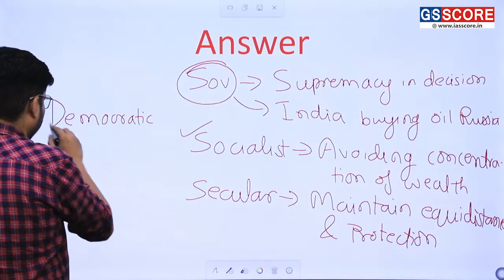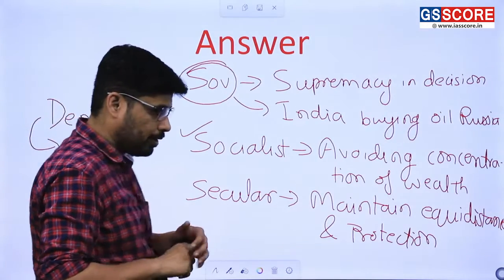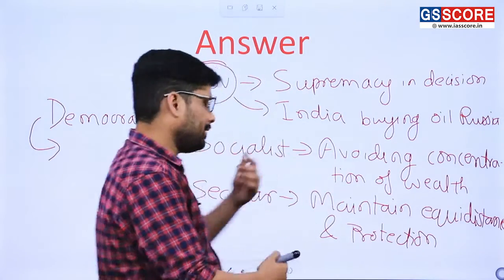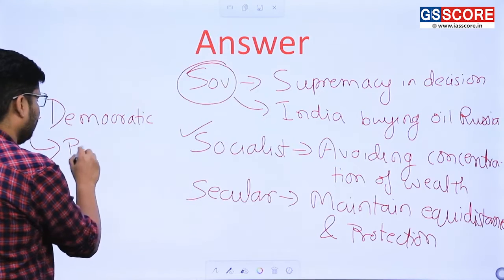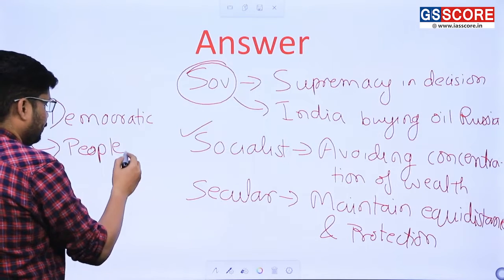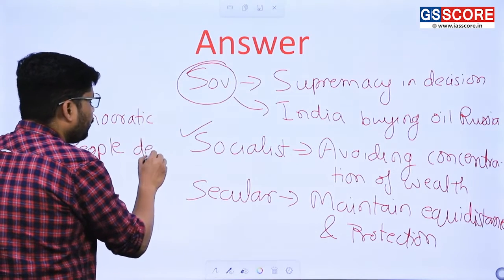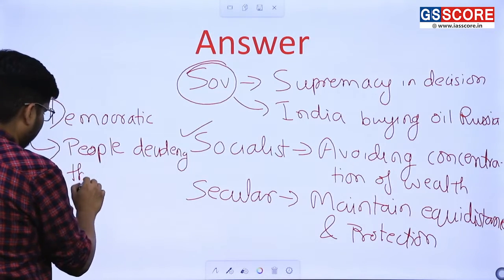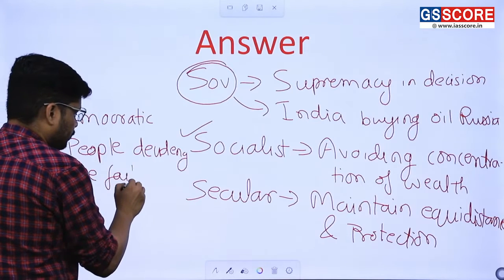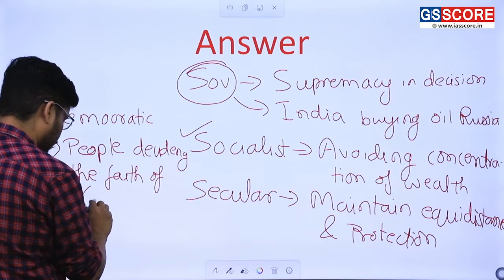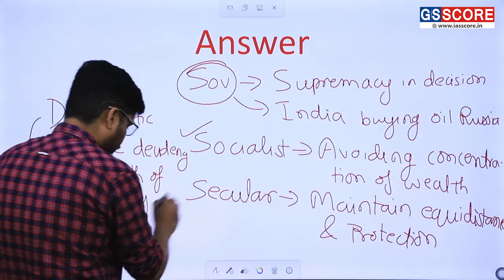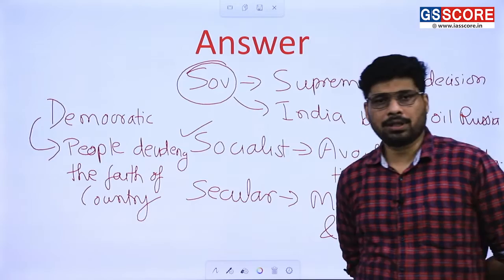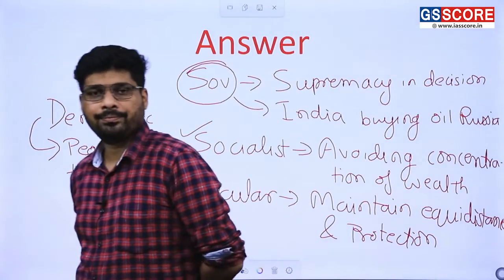Then we come to the concept of democratic. Explain the concept of democracy, that is, people deciding the fate of the country, or representatives of people carrying on the administration of the country on behalf of them.